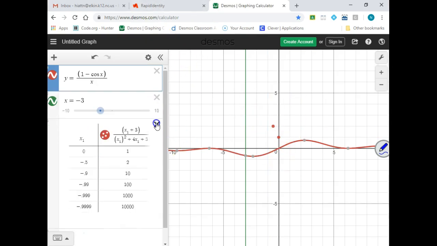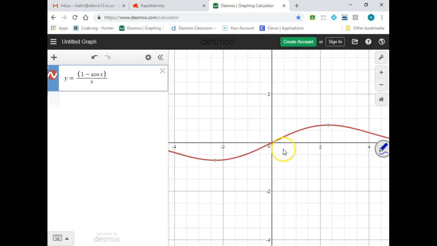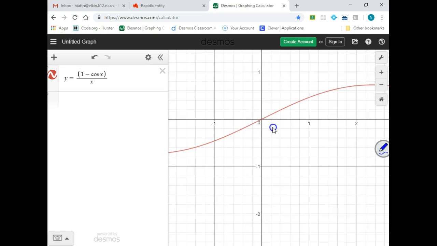It looks continuous, but it's going to give you an error if you actually type the number in. Looking at the graph, can you tell what it's going to be? It'll exist.